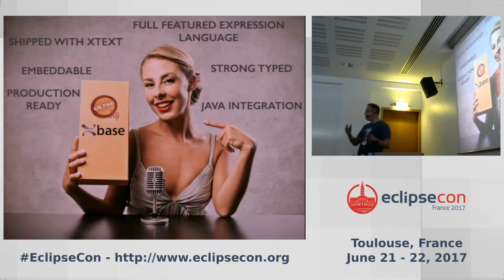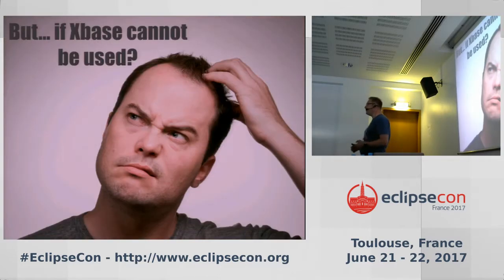It's embeddable in your language, and it's strongly typed to Java. It has a code generator, the Xbase compiler, that you could use to translate your DSL to executable Java code, and so that's normally the way I go. But sometimes it is not the right way.